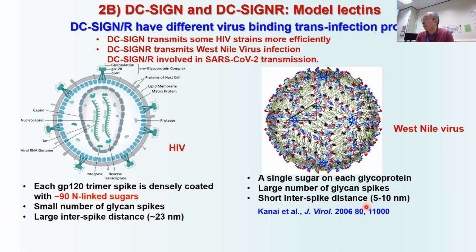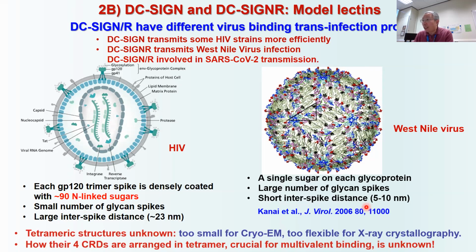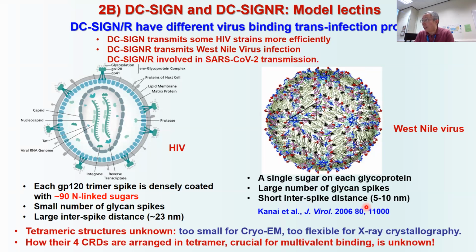So clearly, as tetrameric proteins, they seem to have different preferences for the sugar density and also the inter-sugar distance. Unfortunately, their crystal structures are still unknown. So how their 4 sugar binding domains are arranged is still unknown.